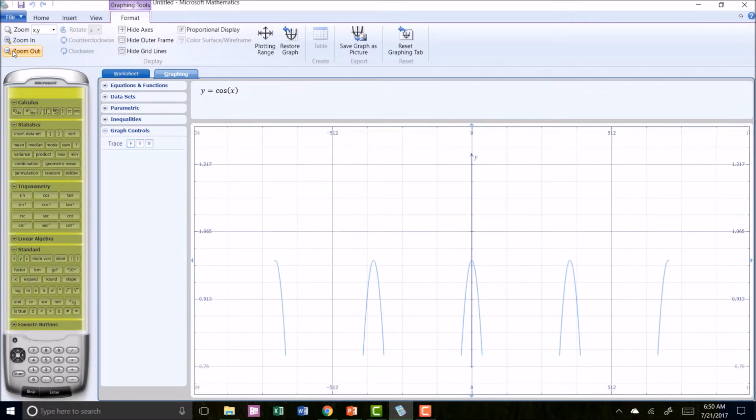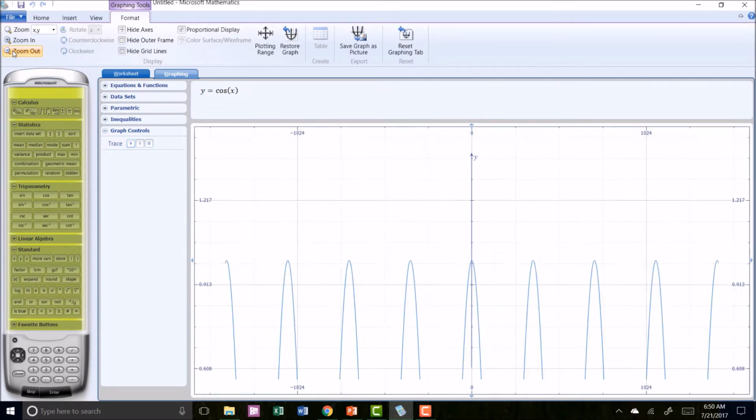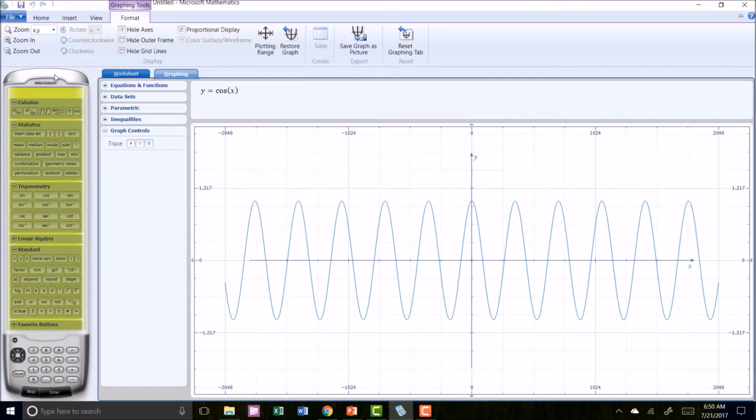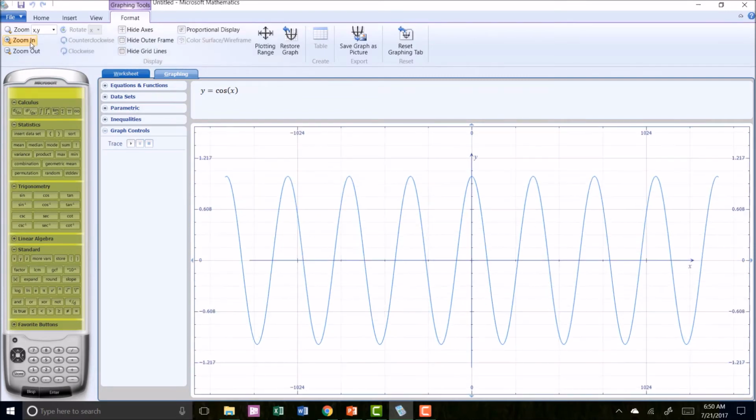Okay, there we're starting to see more of the behavior of the cosine. Now, let's go in and change our range again. Here we want to go from -2 to +2 to see the full behavior. Okay, there we go. Zoom in a little bit.